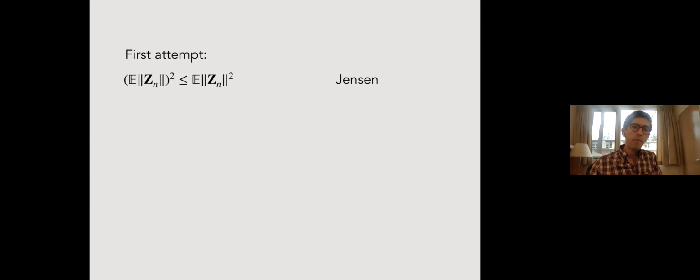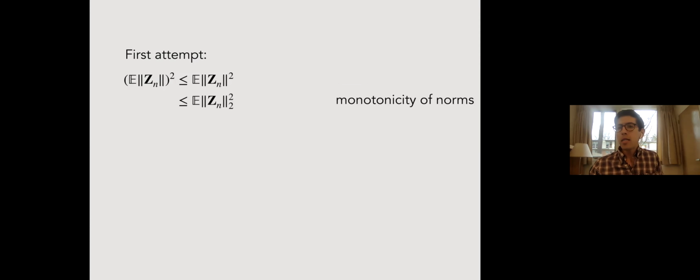So as a first step, let's just say that the expectation of this operator norm, well, I can pull the square inside the expectation by Jensen's inequality, and then replace the operator norm by the Frobenius norm, aka the Schatten-2 norm, just by using the monotonicity properties of these norms. So recall that the operator norm of this matrix is the largest singular value of the matrix, whereas the Frobenius norm is the L2 norm of the singular values. So we are just using an L infinity to L2 inequality here.